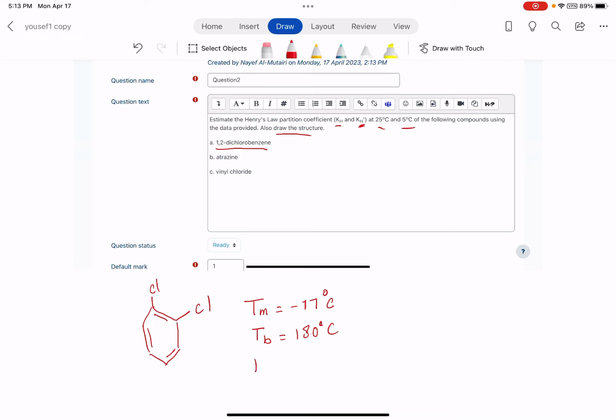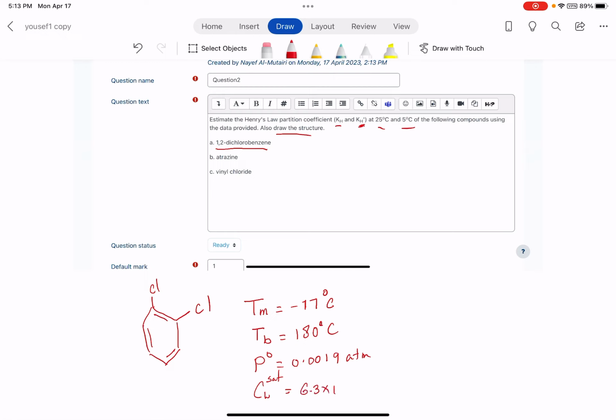What is the vapor pressure? 0.0019 atmospheres. And what is the solubility of 1,2-dichlorobenzene? It's 6.3. This is from the appendix.